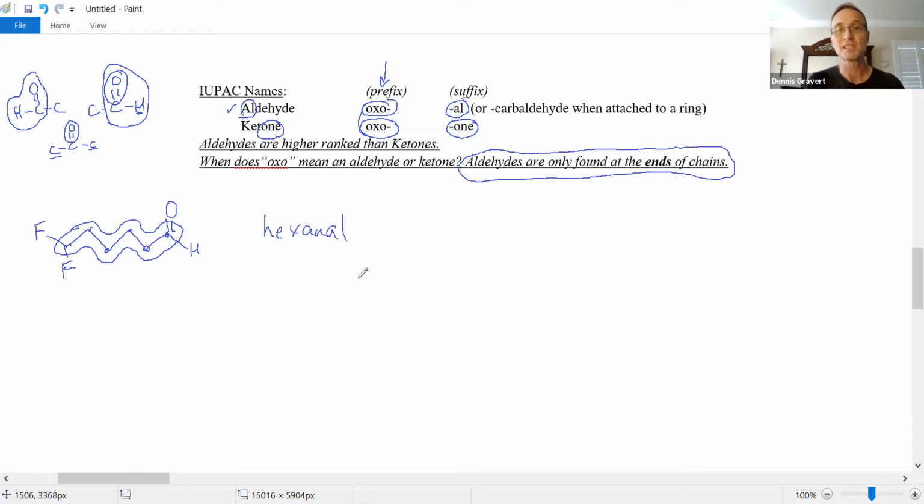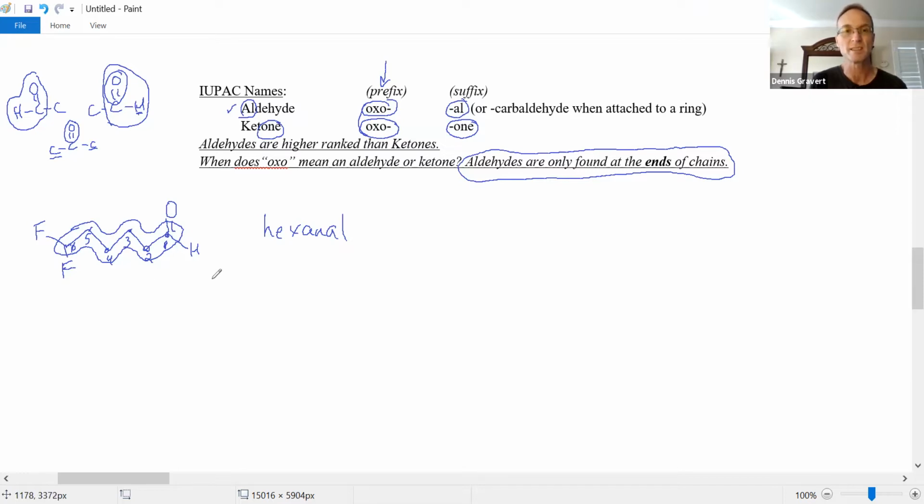That was step 2. Step 3, number the chain, starting as close to the most important functional group as possible. Well, the aldehyde uses carbon number 1. That's as close as you can get. And then we number the rest of the chain, and the 2 fluorines end up on carbon 6. Step 3 done. Step 4 and 5, number and name with the prefix, all the extra decorations.